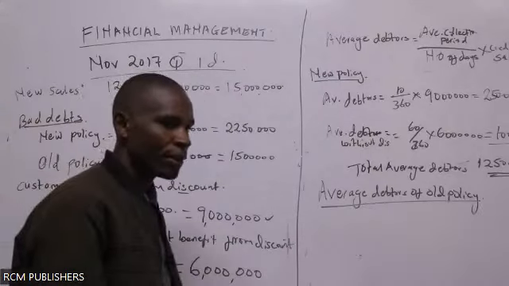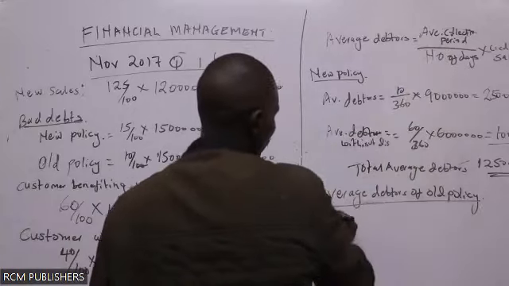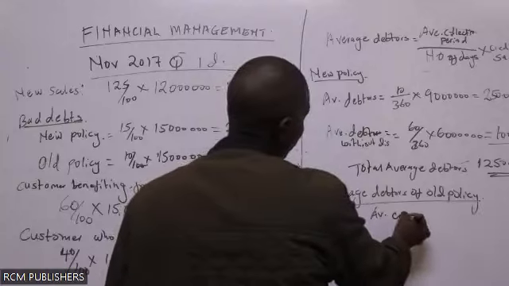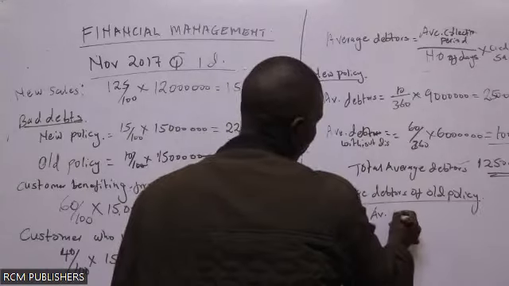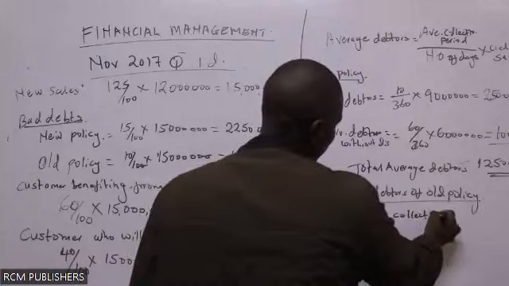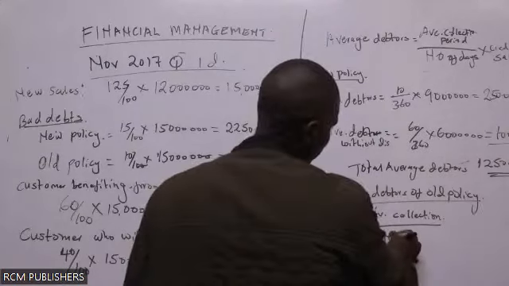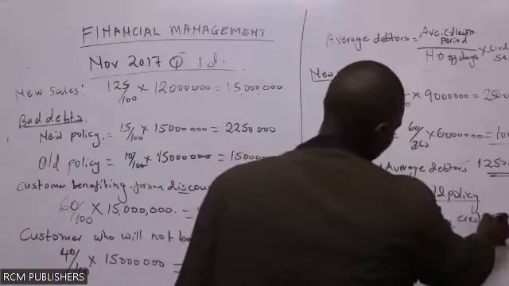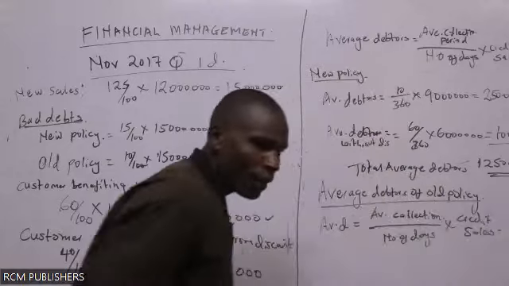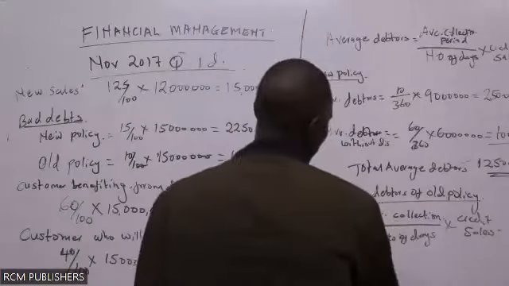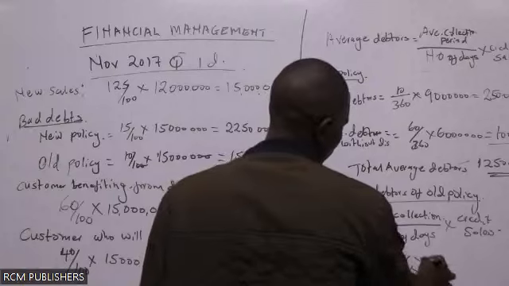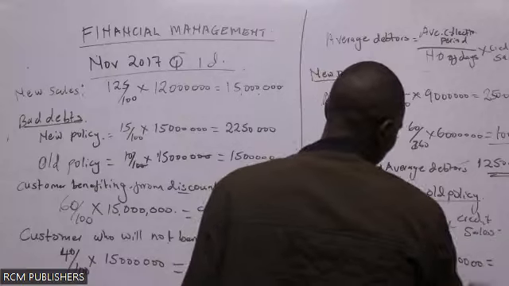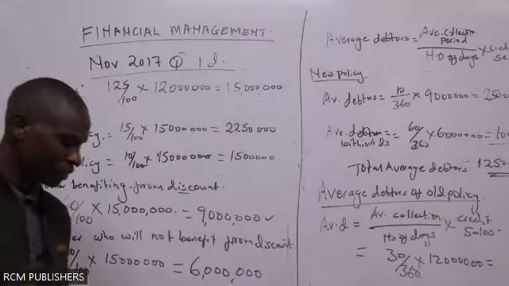I remember our formula is average data equals average credit sale collection period divided by number of days, times credit sale. Remind me the collection period for the old policy before they changed. 30 days, thank you very much. So this one will be 30 over 360 for the old policy times 12 million. So how much will we get?